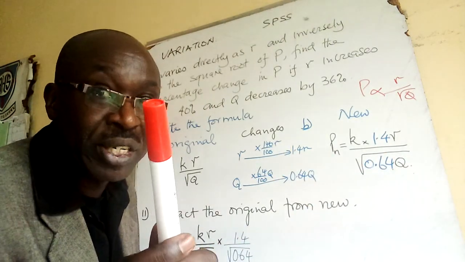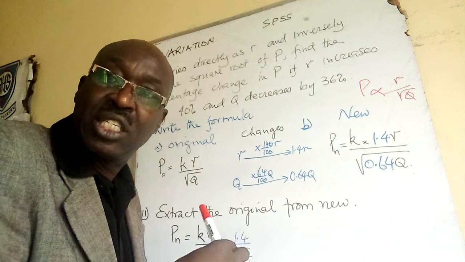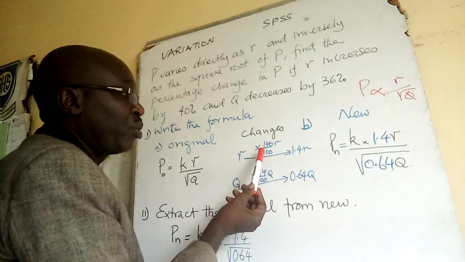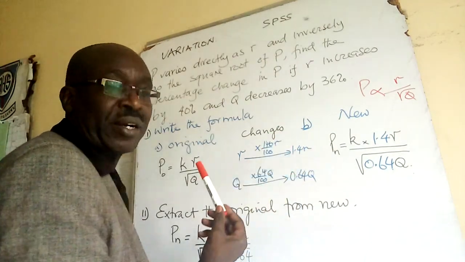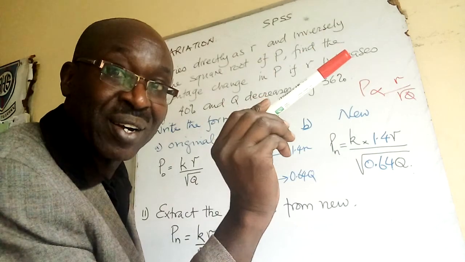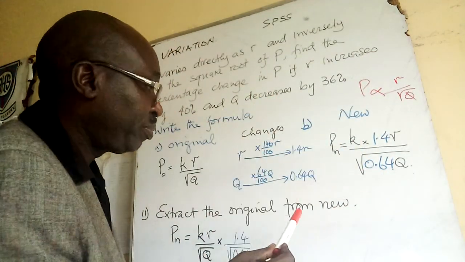So big mistake for students, you always leave out R. It is an increment of something. You get 1.4 R. So that is our new R. 1.4 R, not just 1.4.